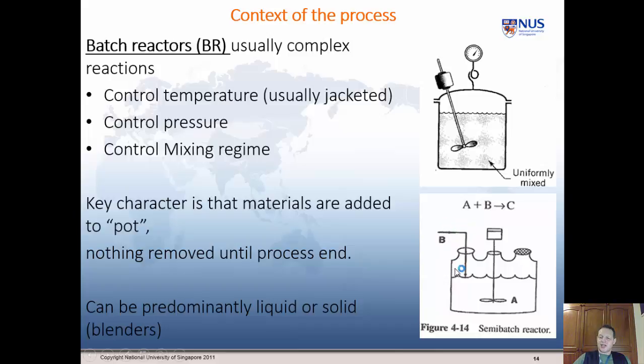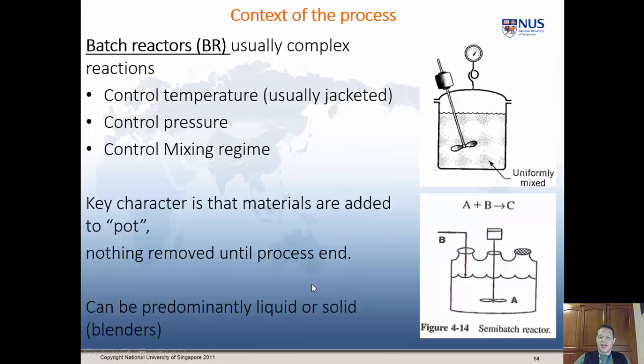But this one is a batch reactor because there's no way out. You're not flowing out, but you're doing one reaction to start with, and then you're adding another reagent to do a second reaction. So these reactions are drawn as liquid reactors.